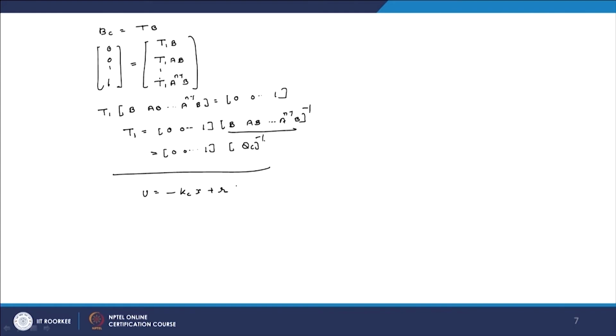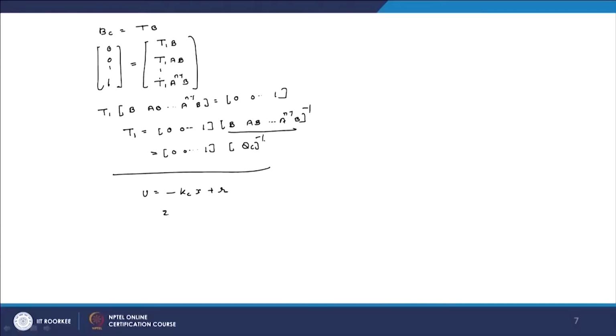Till now the process has been done in order to get the controllable phase variable form, where this 0 0 1 is compared with T into B, and we are determining the condition about T. So these conditions we have determined, and the controllability condition also we have got.